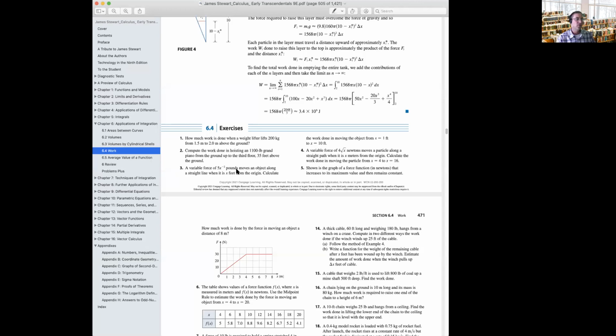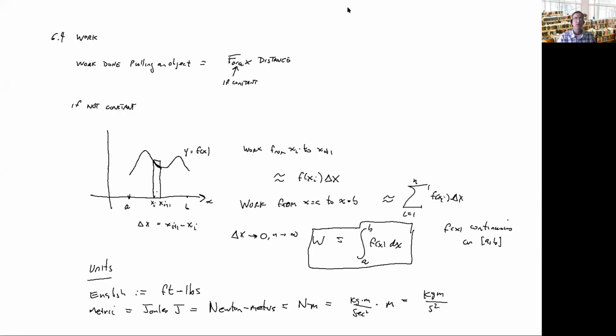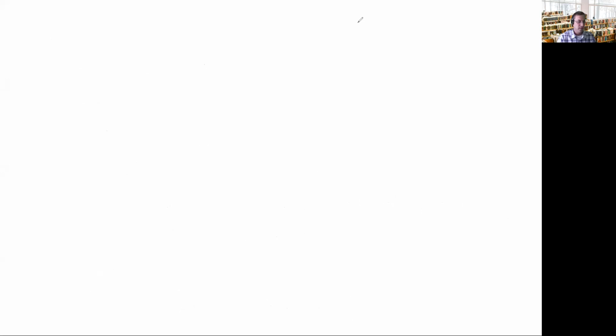A variable force of 5x to the minus 2 pounds moves an object along a straight line when it is x feet from the origin. Calculate the work done in moving the object from 1 foot to 10 feet. Okay, so what I'm going to do is go back to the whiteboard, clear the screen, and work on this problem here.